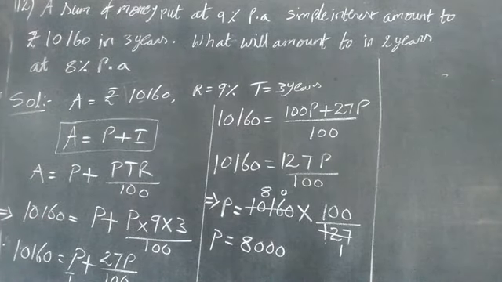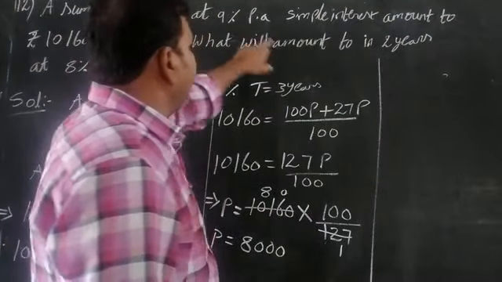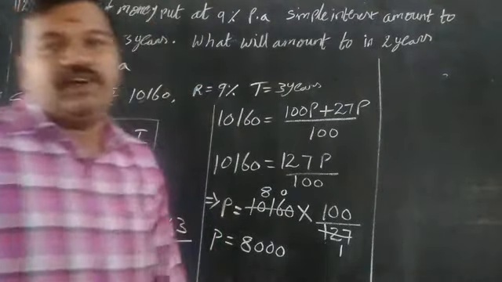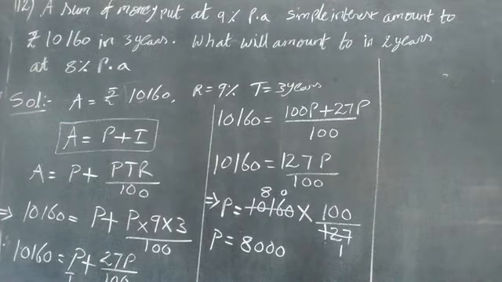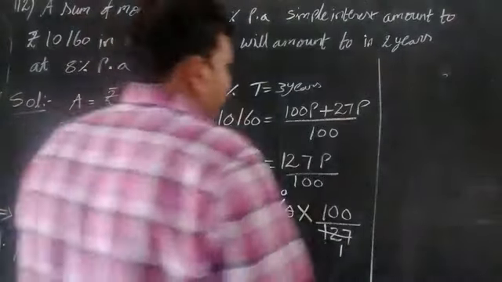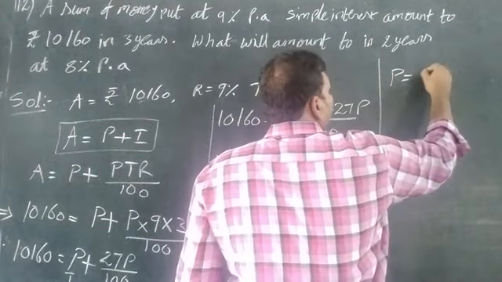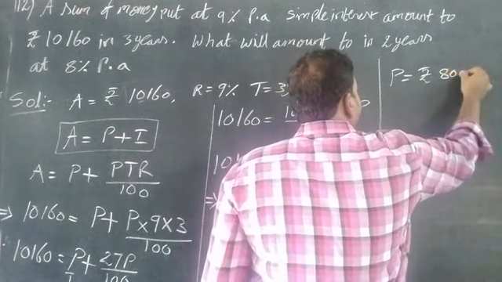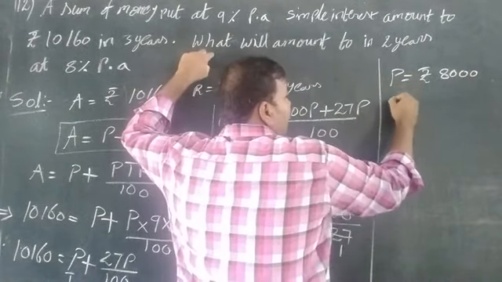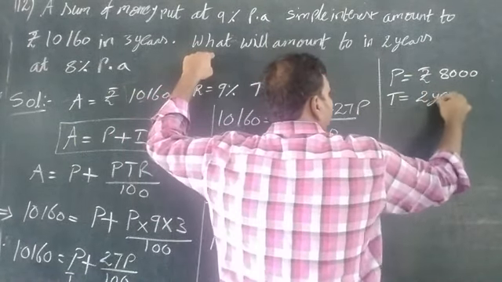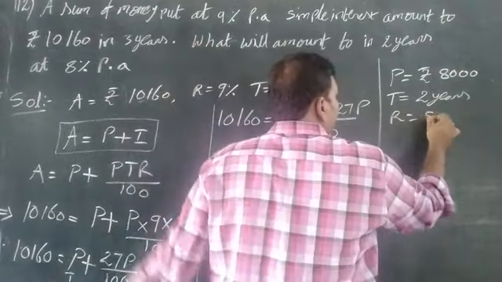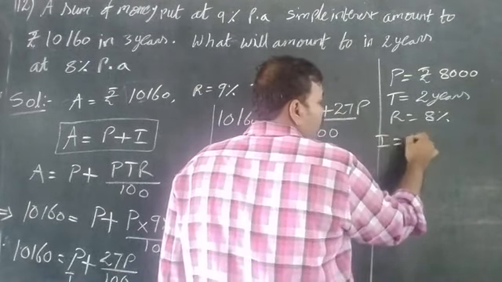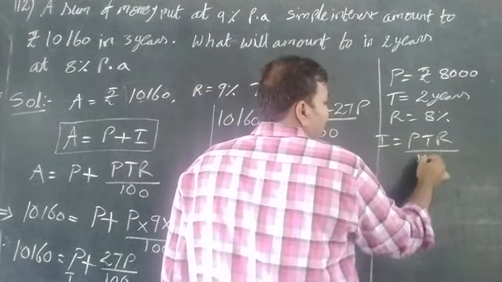The principal is 8,000. The sum is not completed; we still have to find the amount. This principal is kept for the next part. P is equal to rupees 8,000. Second continuation of the sum. Time is equal to 2 years. Rate is equal to 8%. I is equal to PTR by 100.